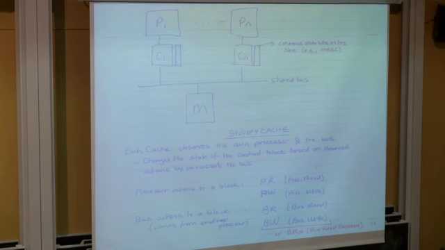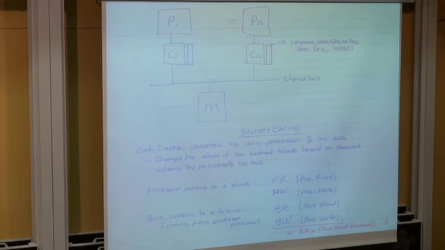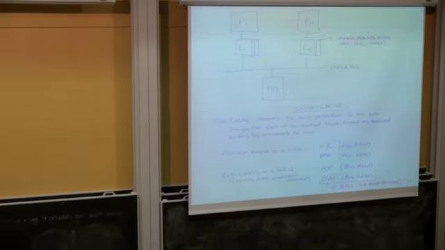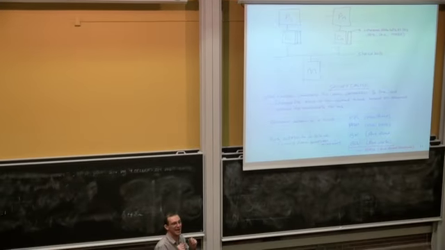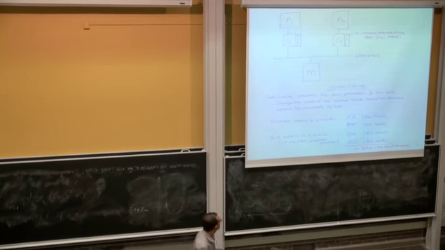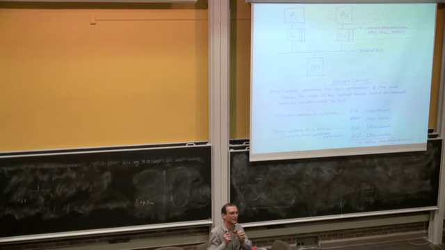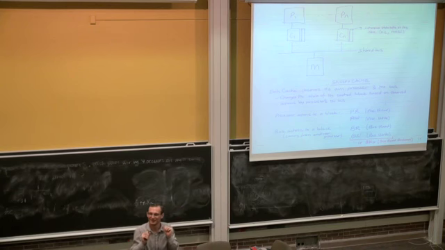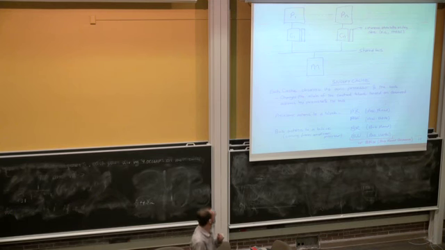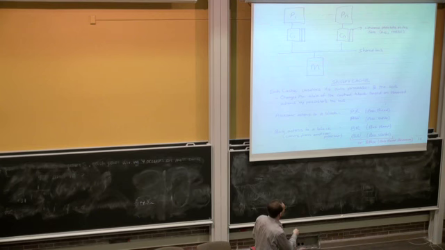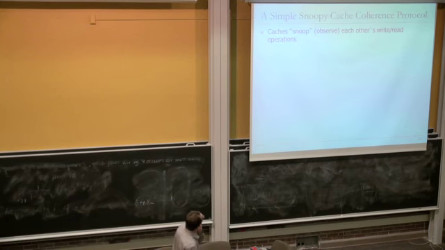Alpha, for example, has a write hint instruction. The compiler can insert this instruction before a write to a shared block happens, so that the coherence mechanism transfers the block before the write actually happens. Right? It's like a prefetch, if you will. Does that make sense? It's prefetch for a shared cache block. So in that case, these two can be different. But let's assume that they're the same right now, bus write and bus read exclusive.